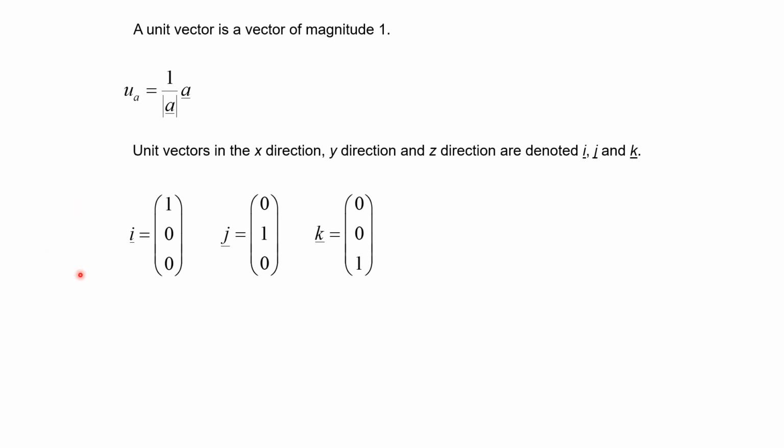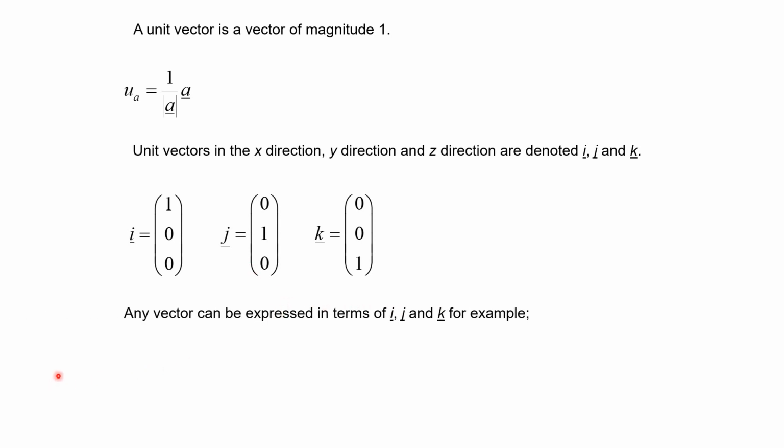And for J, J is related to Y, so therefore Y is the one that has a value of 1 because it's a unit vector. And same goes with K, because K is associated with Z, and it gives you components of 0, 0, 1. Okay, so this is how you write out unit vectors in the direction of X, Y, and Z.